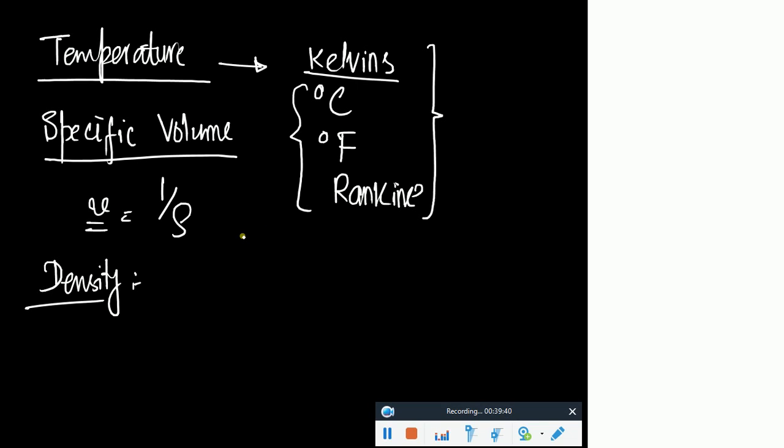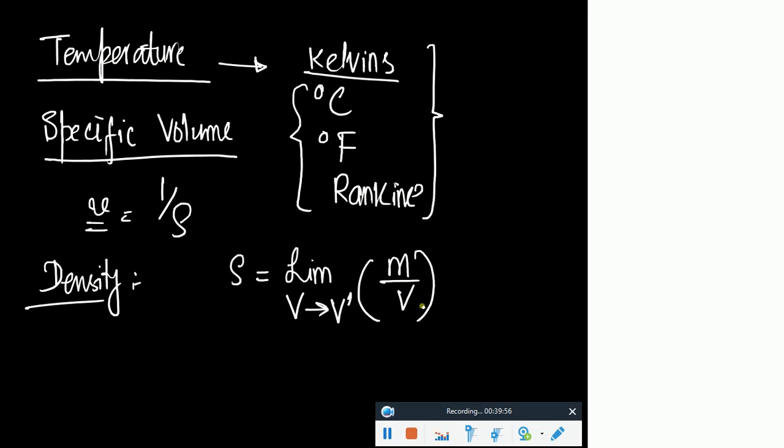Now I would define density as the limit, v approaches v bar, of m over v. Now what does that mean? It means that if you look at a gas or fluid, any kind of liquid, it is really hard to isolate a particle from the rest of the system.